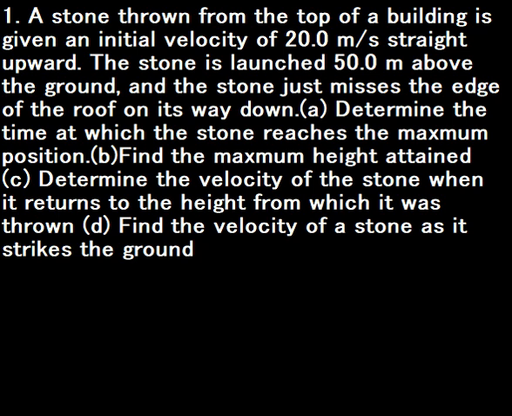So let me come up with a sketch presenting the information. This is the actual case, which means this should be a height of 50 meters, and the stone has been launched and going off like this.